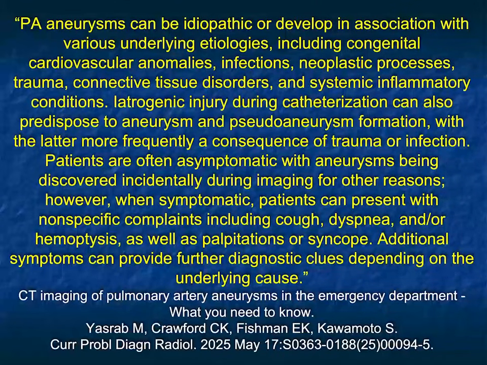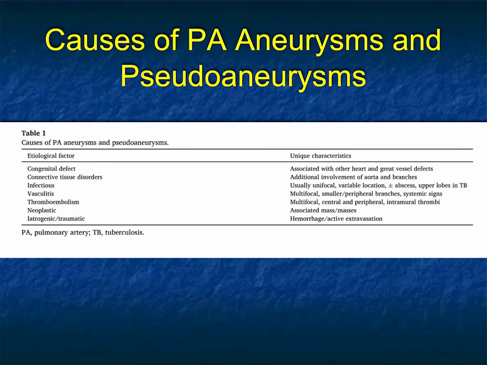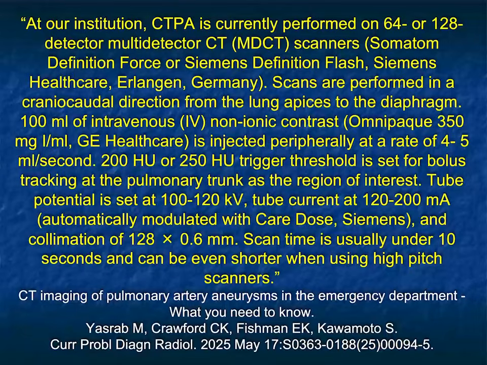We talk about the symptoms, hemoptysis, cough, dyspnea, are all going to be possibilities, and in the ER setting, it's important to know. We talk about causes from congenital, connective tissue, infectious, vasculitis, thromboembolism, neoplastic, and iatrogenic or traumatic, very nicely defined in this chart from the article.